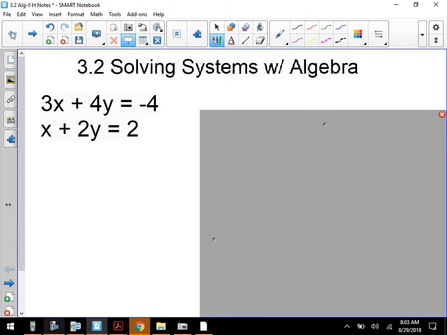So if I go back to this one, right away I can think of a couple different ways of doing this. I could get x by itself in the second equation. Or what else can I do in that second equation? That's division, but I multiply the second one by 2, I can subtract from the first.